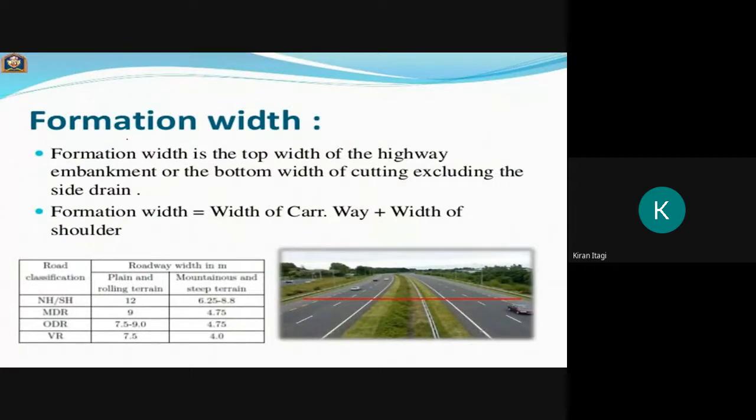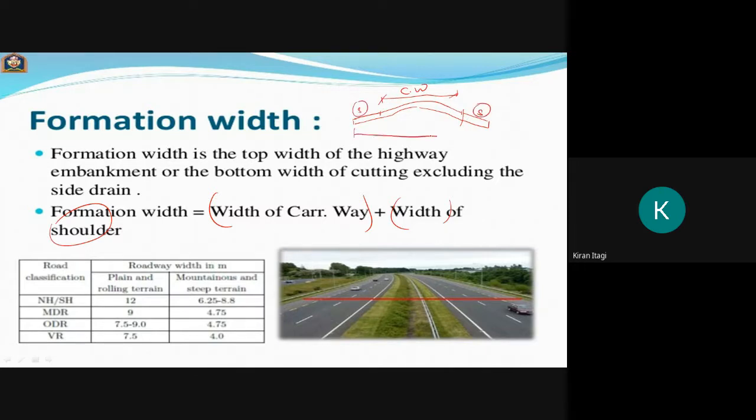Next, what do I mean by the formation width? Formation is nothing but the width of the carriageway plus the width of the shoulders. This is my carriageway, and these are my side shoulders.